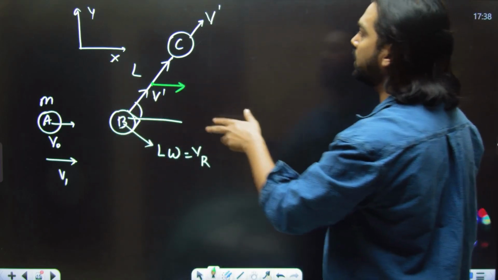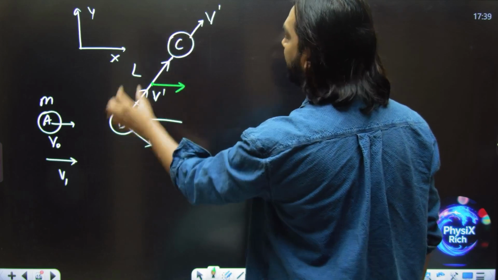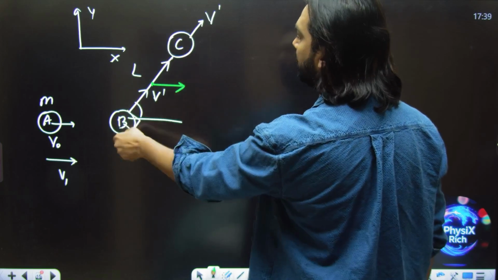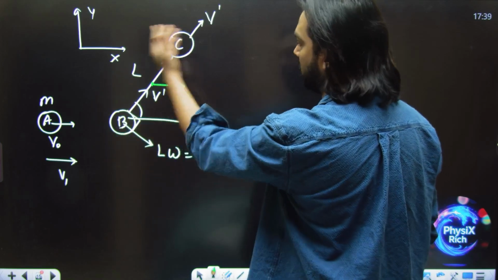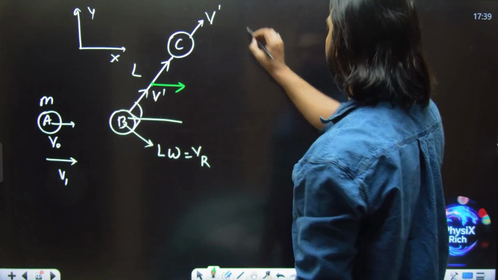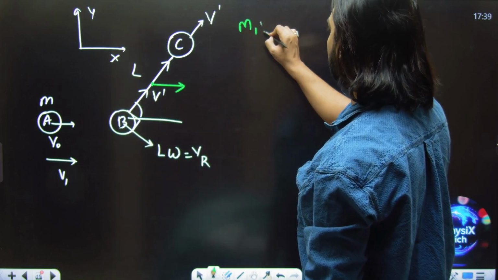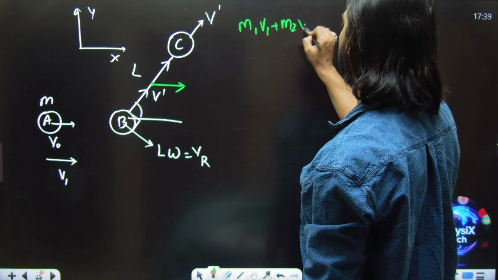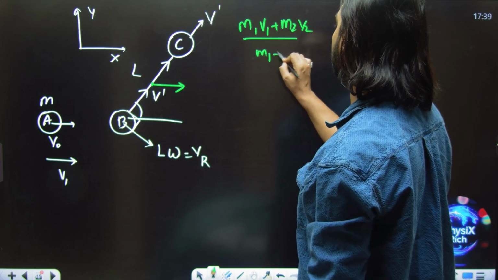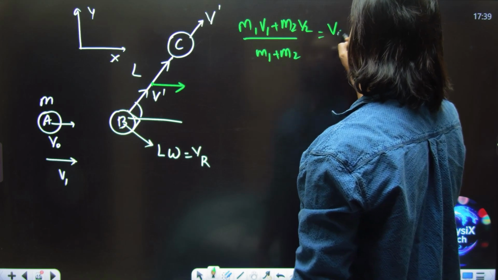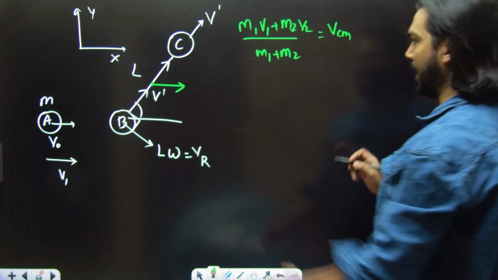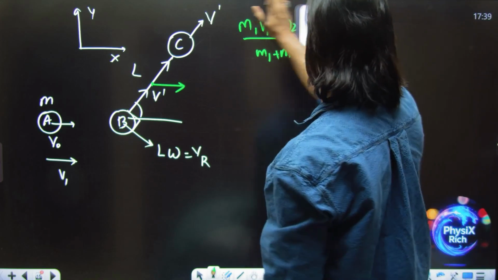Now what you can do is take the x component of the velocities of C and B, and then use the formula m1 v1 plus m2 v2 upon m1 plus m2, applied along the x-axis. So how do we do this?